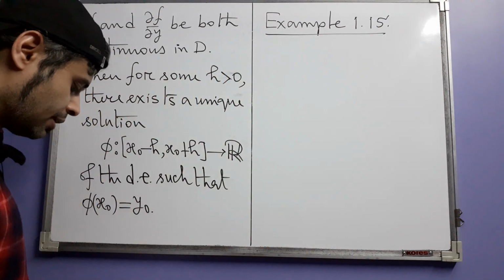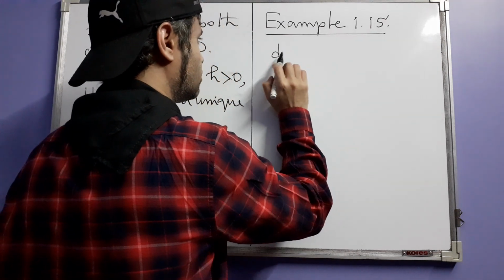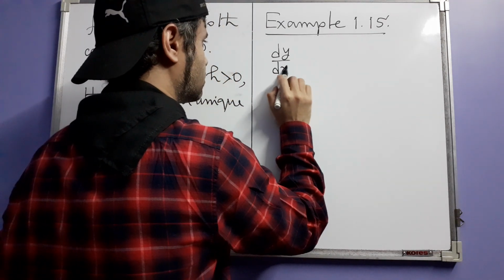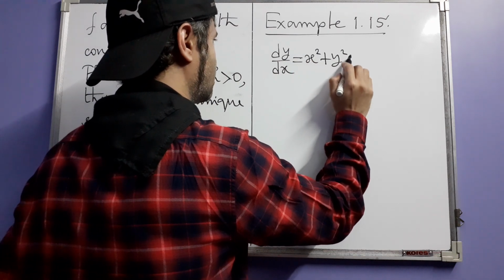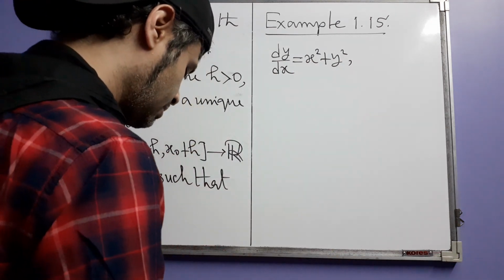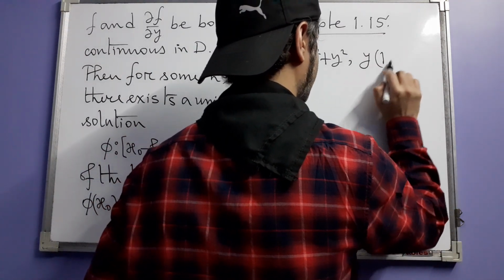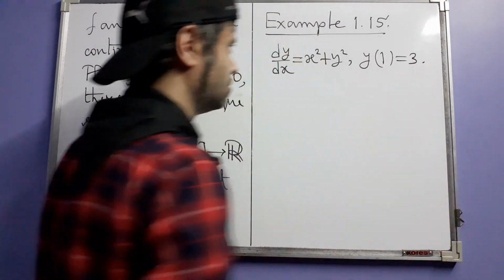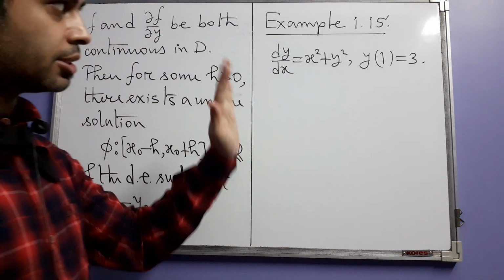The IVP we now have is this: dy/dx equals x square plus y square, and the supplementary condition is say y of 1 equal to 3. Okay, let us now apply this theorem to this IVP.